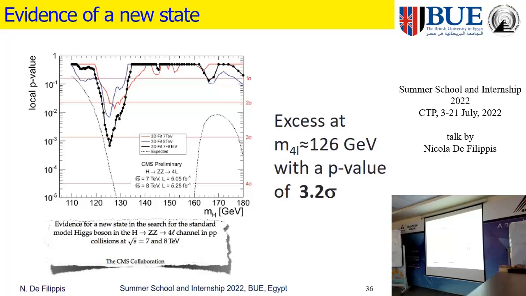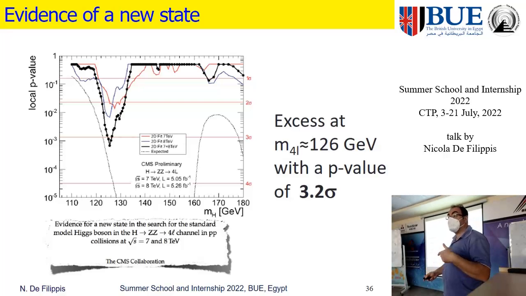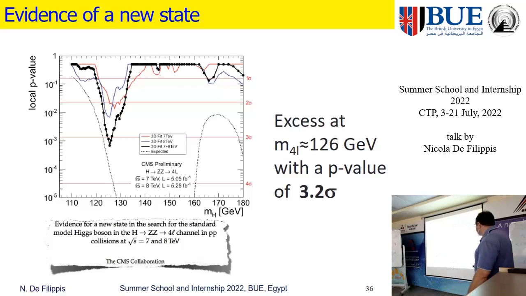Then, of course, to quote a discovery, you need to have a statistical analysis. So you have to quantify your excess with respect to the background prediction. And so we use a complicated statistical analysis, and we speak about a number of sigma, 3 sigma for evidence, and then 5 sigma for discovery.